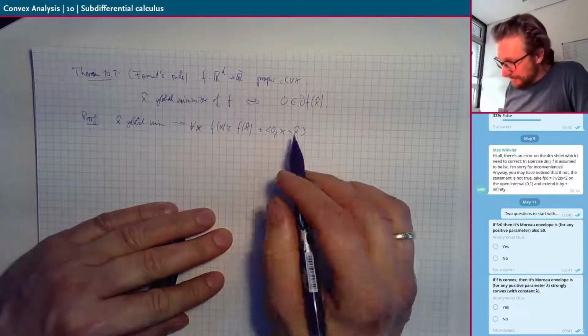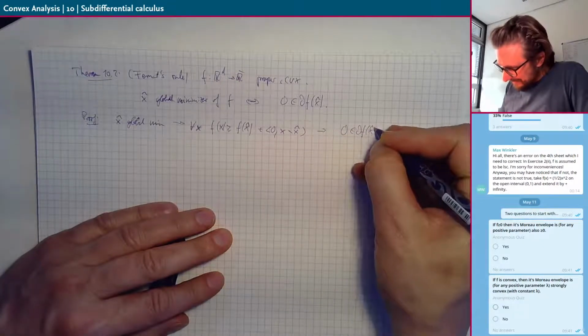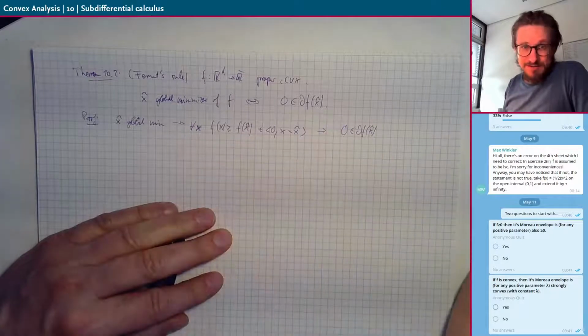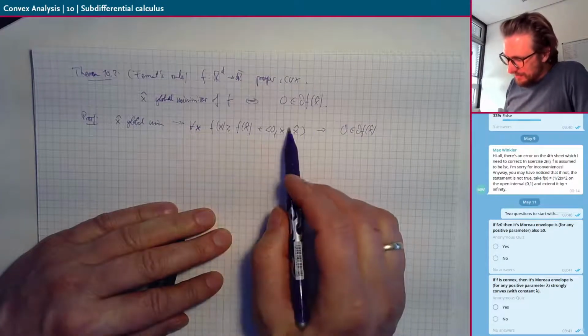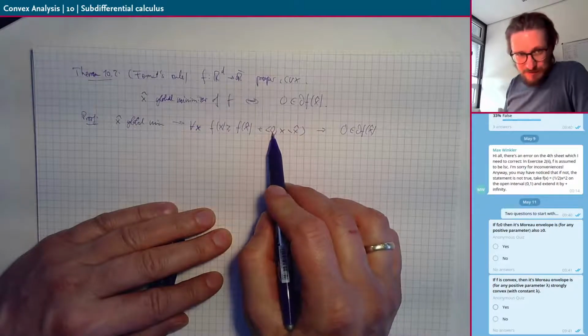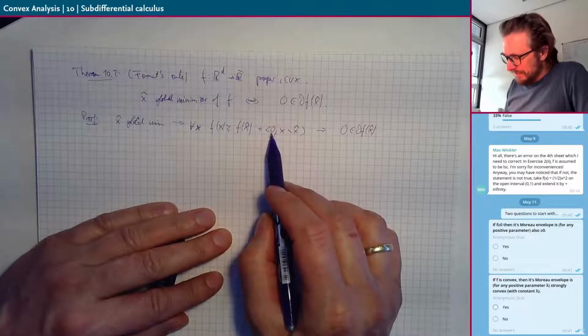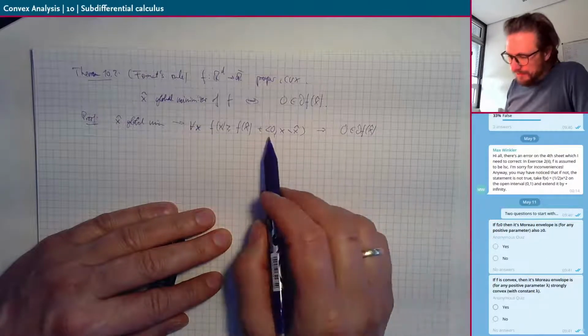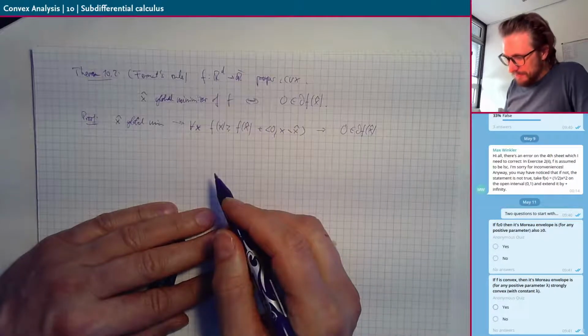We just added 0, and this shows that 0 is in the subgradient of f at x hat. That's just it. Everything we can put here is a subgradient. We can put 0 here because then this just vanishes, and so 0 has to be a subgradient.